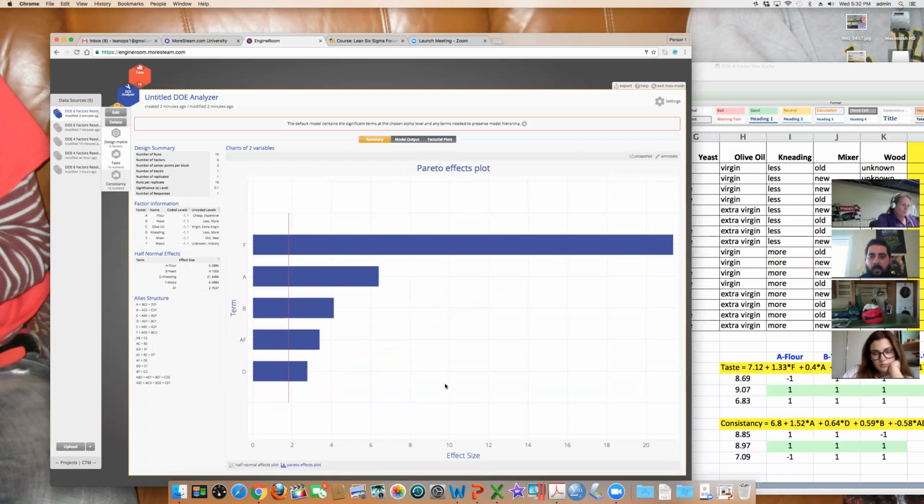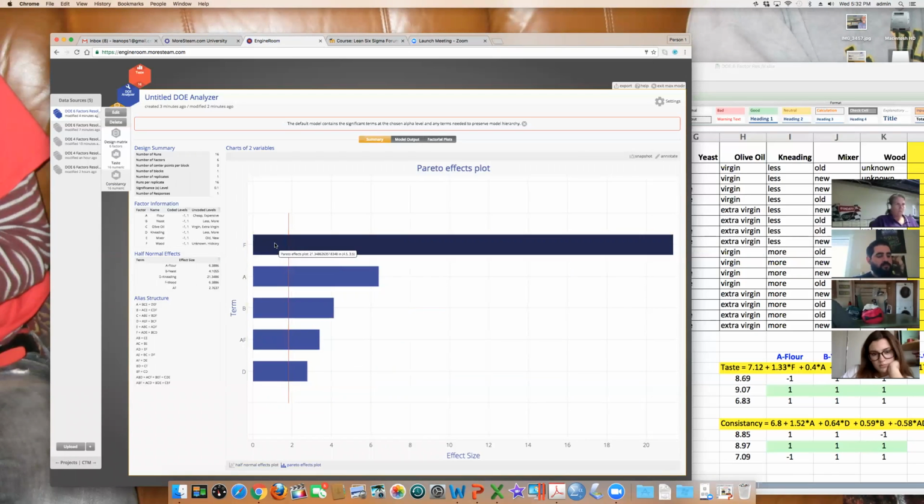And so this is the Pareto effects plot. We can see the main effects, two-way effects, and three-way effects that came out as significant.